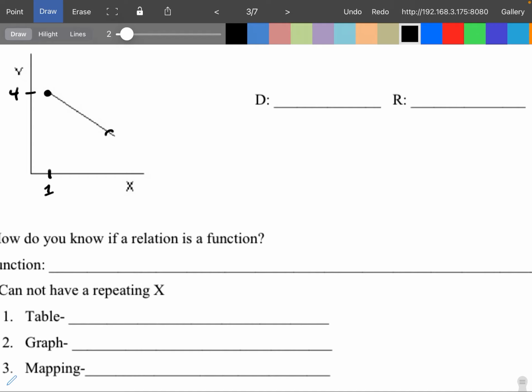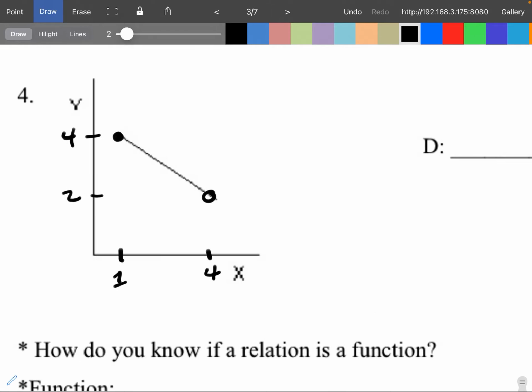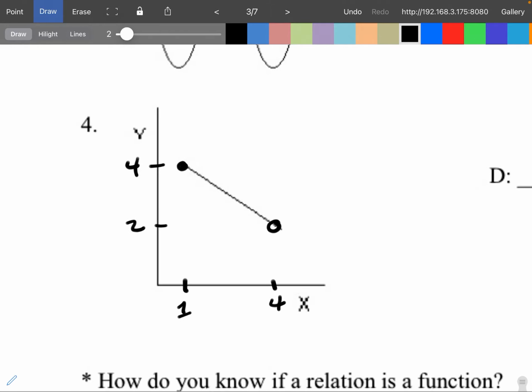And just to make this more interesting, let's put an open circle on the end of this one. Let's have this be 4, and have this be 2. Now let me zoom in on that graph.